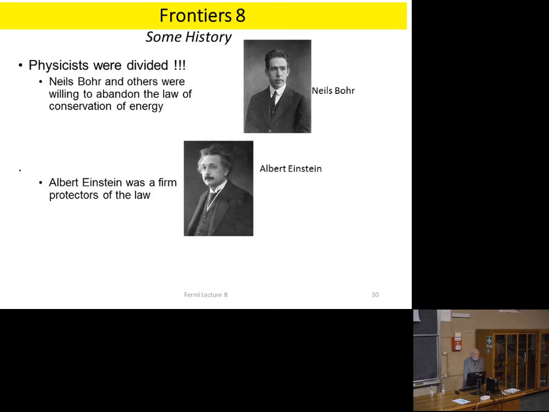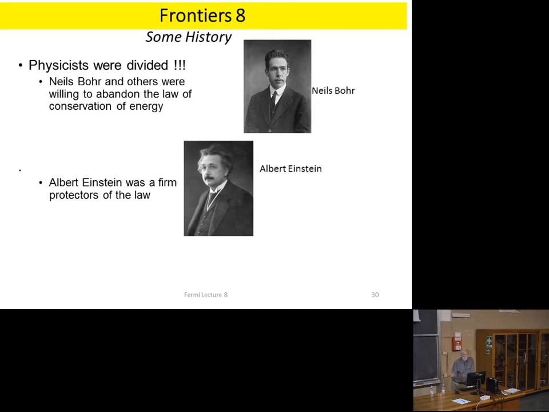For example, Niels Bohr, one of the most important physicists of the 20th century, was willing to explain this by abandoning the laws of conservation of energy. Somehow in the process, you can get this distribution because energy is not conserved between the initial state and the final state. While, for example, Einstein was firm that conservation of energy was a concept that was firm and he believed.